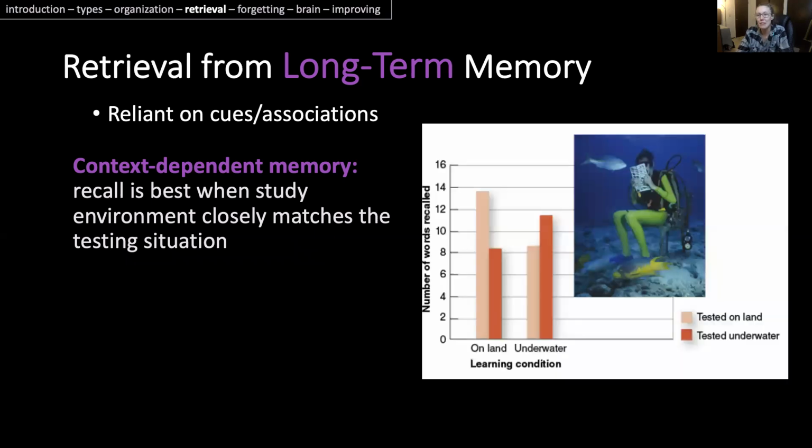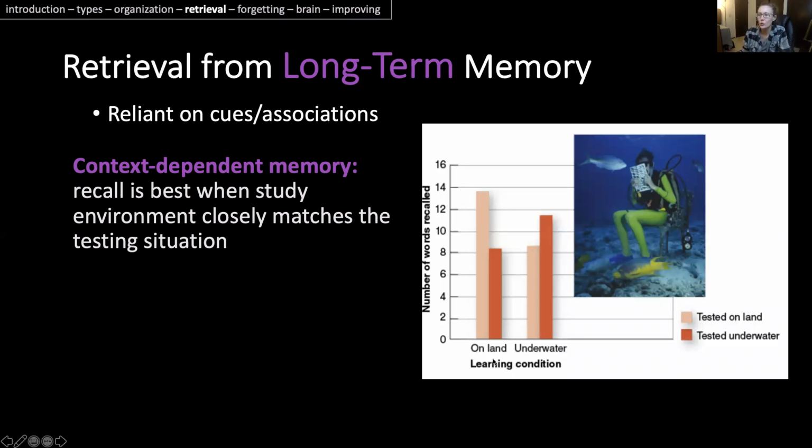To show you an example, here's a research study where they had participants, scuba divers in particular, learn a set of words either while on land or while underwater. Then they had the scuba divers test either on land or underwater.